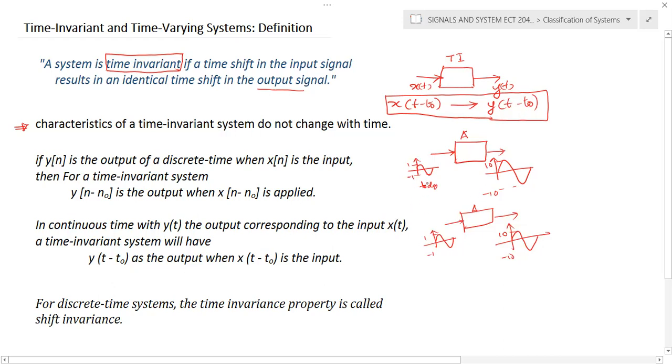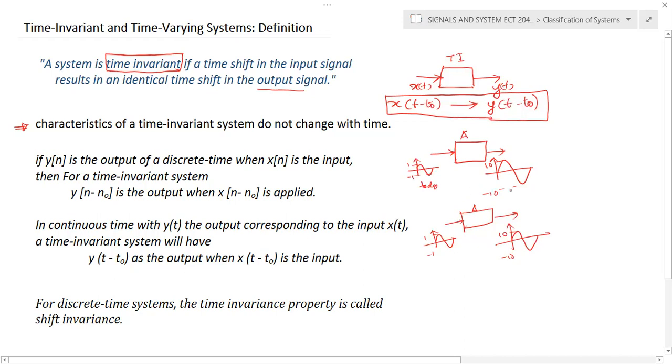If you apply a sinusoidal signal with 1 volt as a maximum amplitude, you are getting an output of a sinusoidal signal with a 10 volt maximum. So we can say that this particular amplifier is a time invariant system. But practically, this is not true. There will be slight difference in the output because the components used, the resistor, the transistor, and all are temperature dependent.